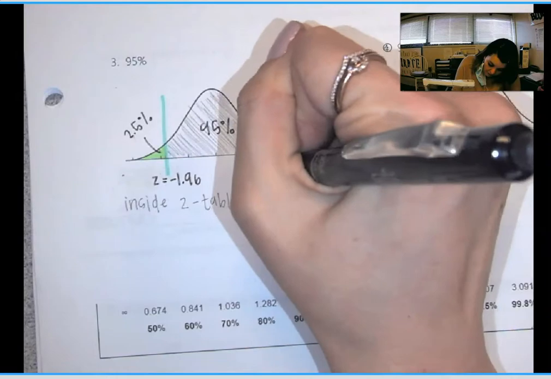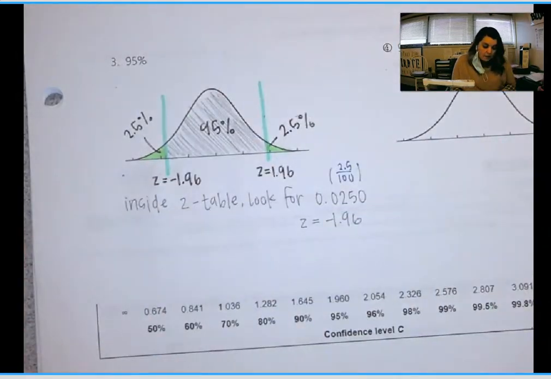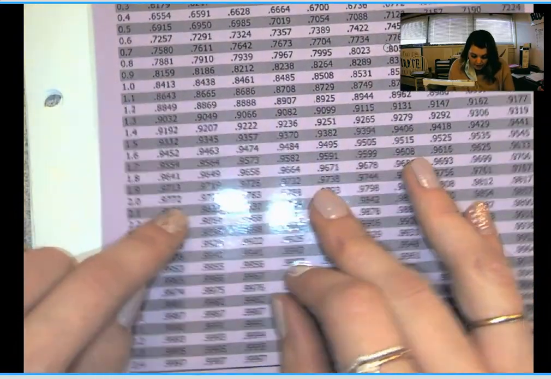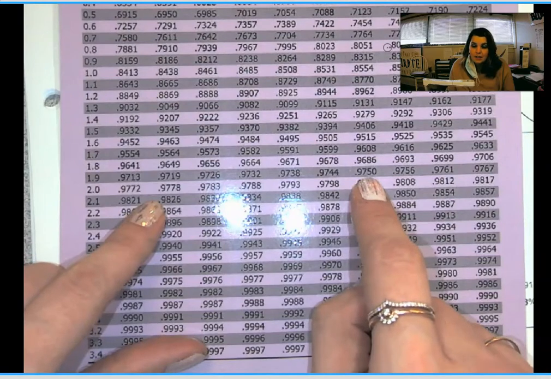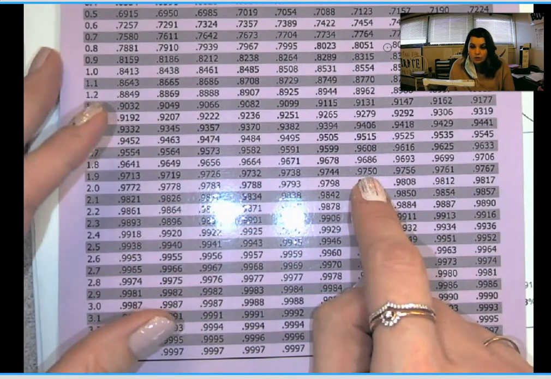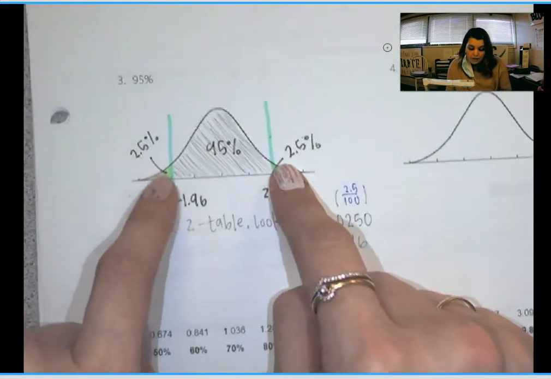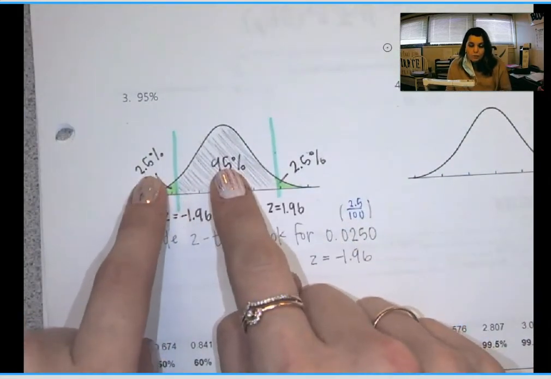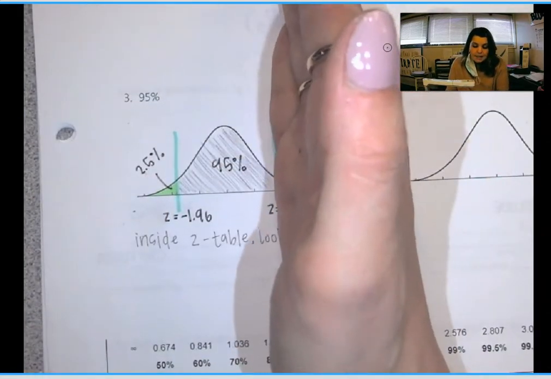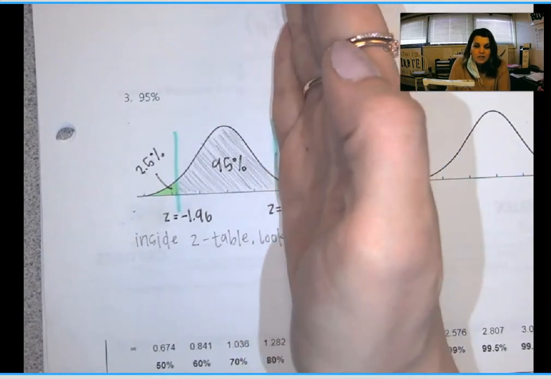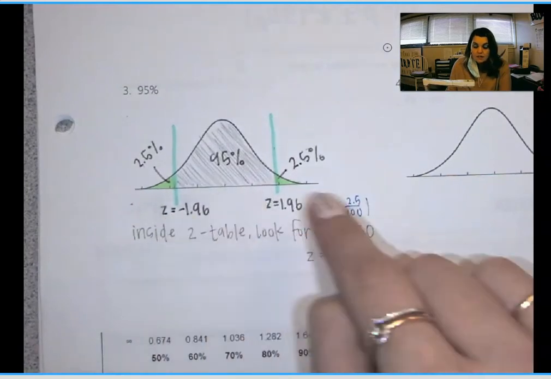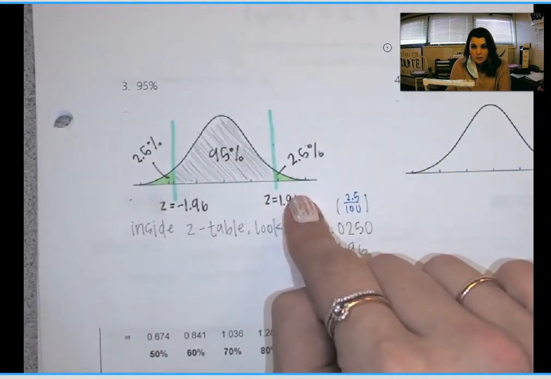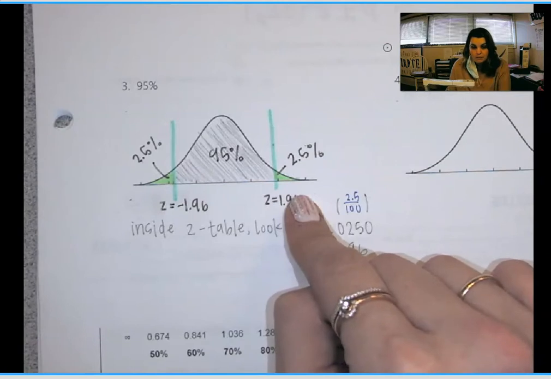And we can verify that if we want by going to the table, 1.96, and that tells us that 97.5% of the data is to the left, which is what we have here. 95 plus 2.5 is 97.5% of the data. So once you find your negative z, your positive z is going to be the same except positive.